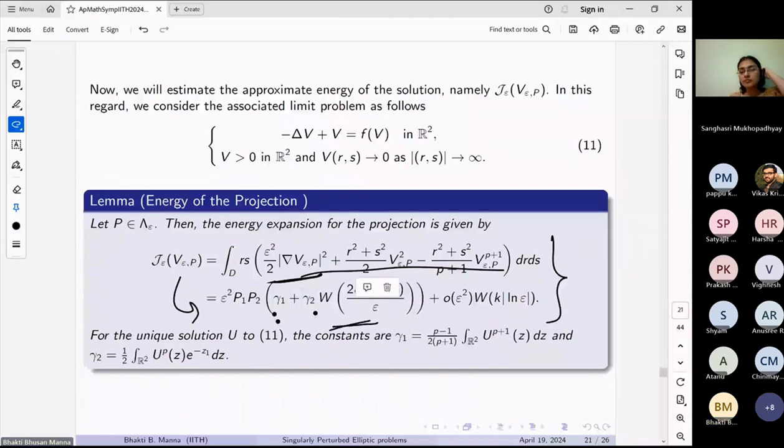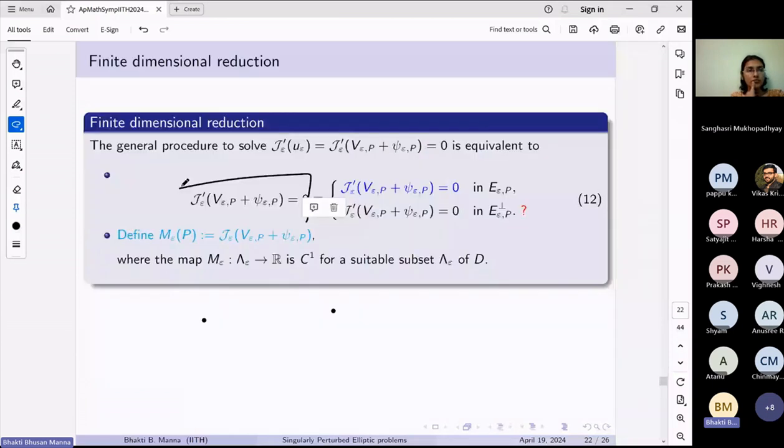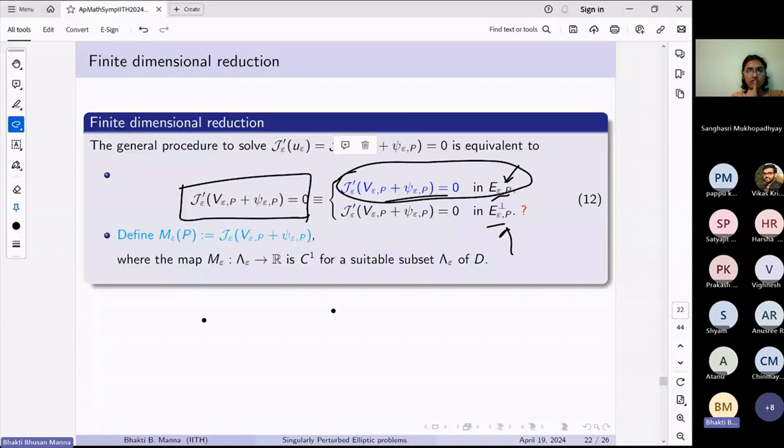And if we go to the next, as I said, we have this. If we want to find the critical point of this particular thing, we have to solve this equation both in E epsilon P and E epsilon P perpendicular. This is the infinite dimensional space. This is the finite dimensional complement. And here to prove this, as I said, this is very technical, and I'm not at all going there.